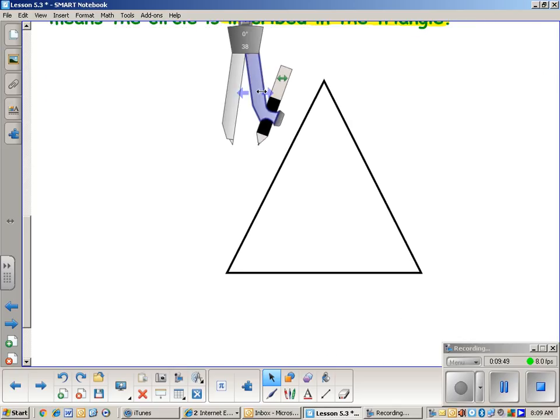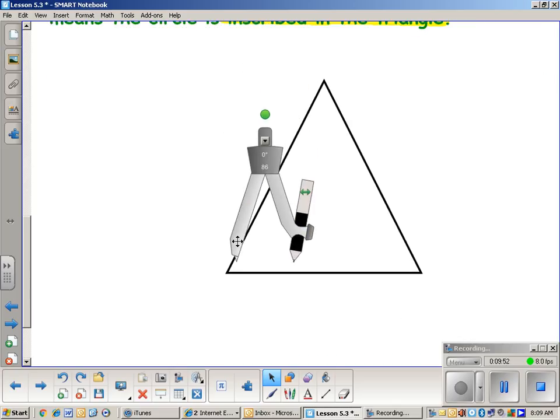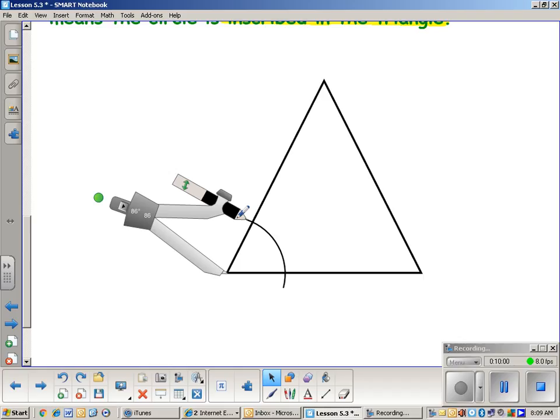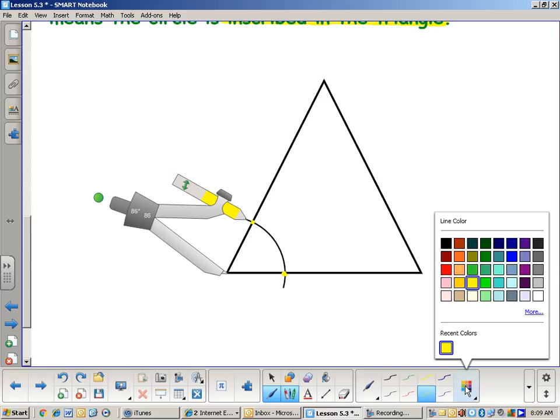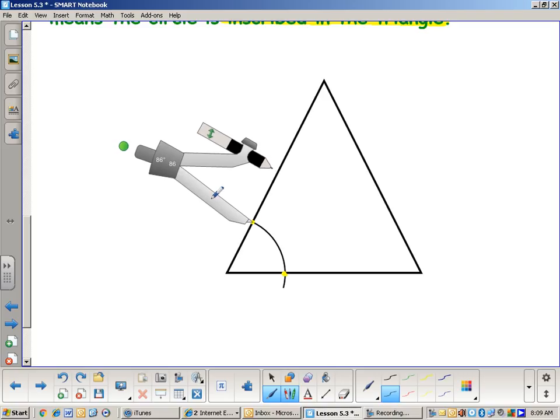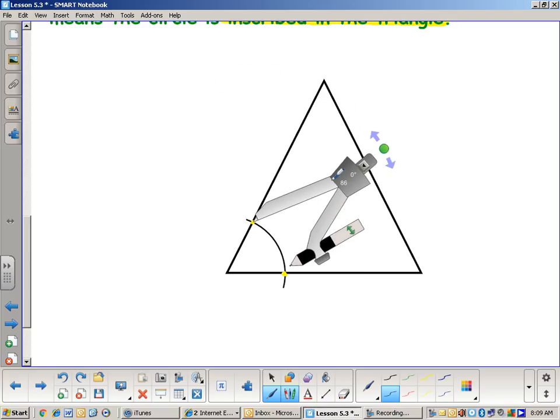I'm going to remind you how we bisected an angle. We start with any arc, and we go to the vertex of the angle, and we draw an arc. You notice we created these 2 points, all right? So we go to those 2 points, and we pick an arc that's more than half that distance.